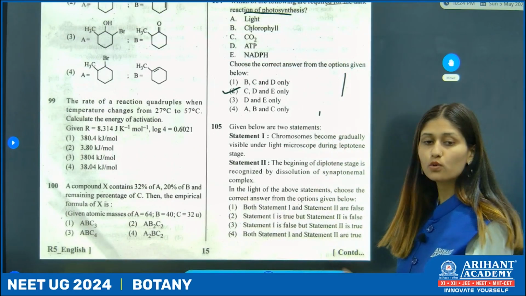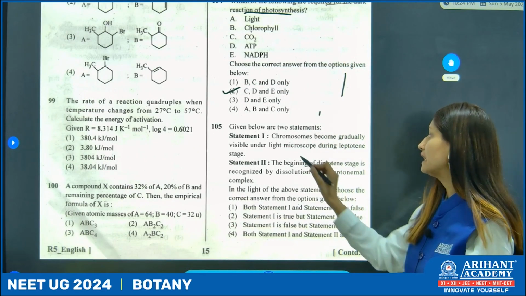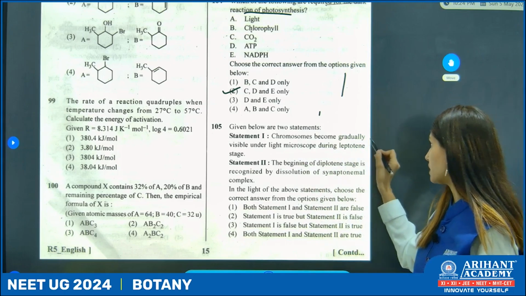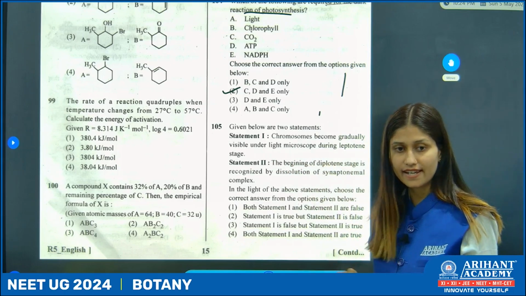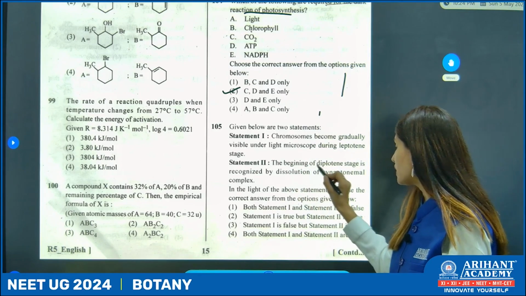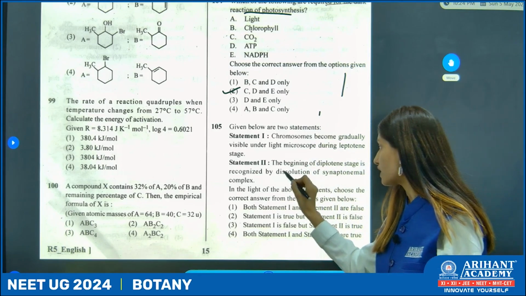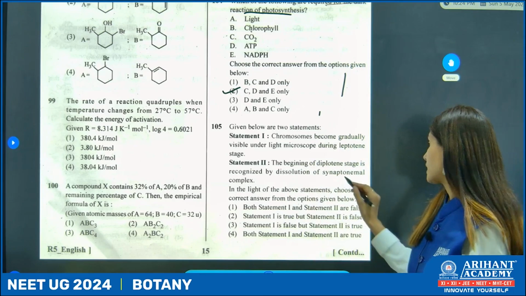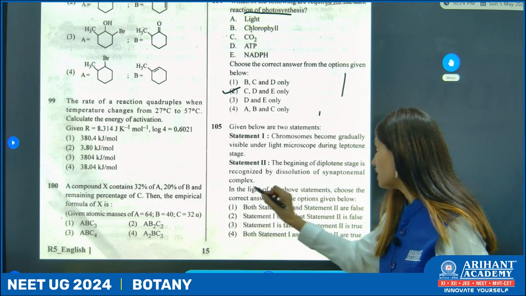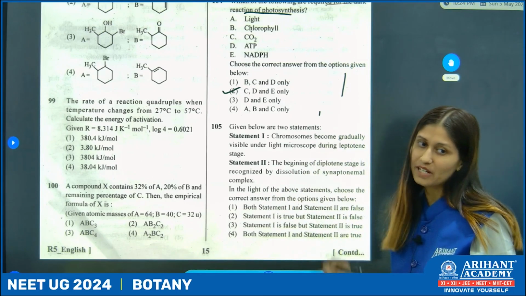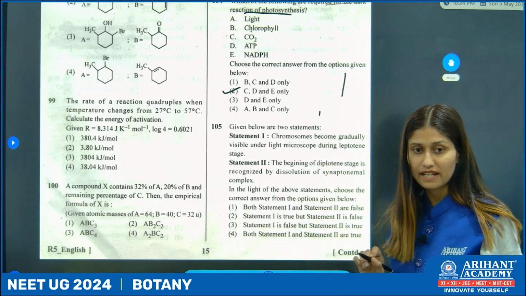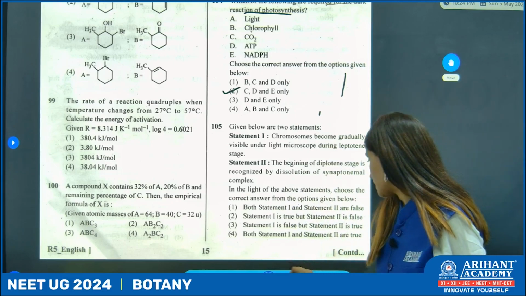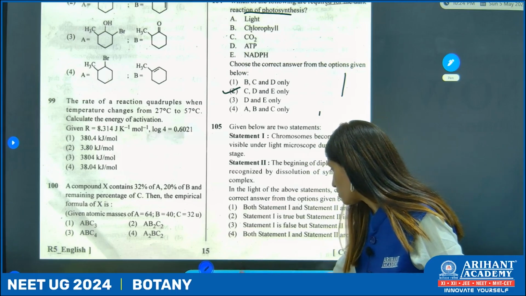Given below are two statements. Statement 1: chromosomes become gradually visible under the light microscope during the leptotene stage. Statement 2: the beginning of the diplotene stage is recognized by dissolution of the synaptonemal complex. Both statements are taken directly from the NCERT, but we have to choose the right option.